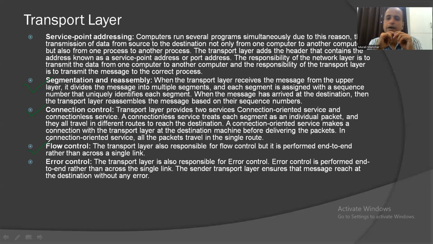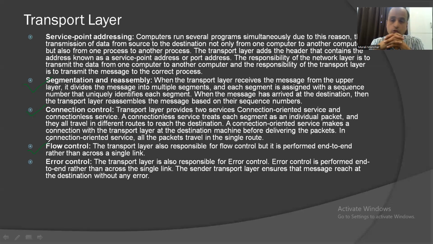First thing is the segmentation of data, meaning our data is divided into multiple segments. Then a port number is assigned to these segments for reassembling of the data. And the third point is connection control. For connection control, it supports two types of transmission.